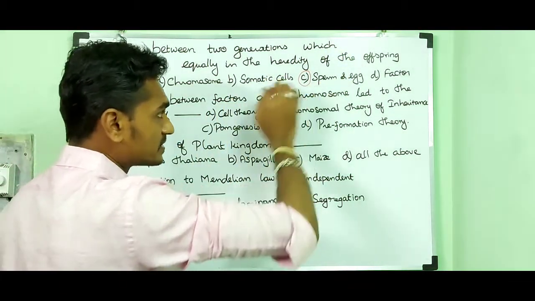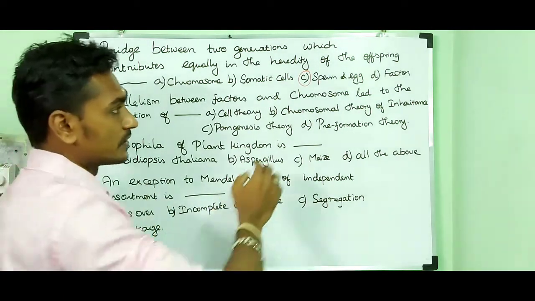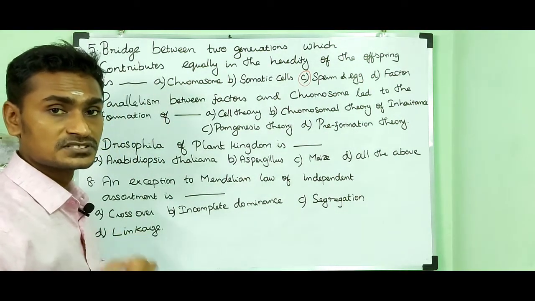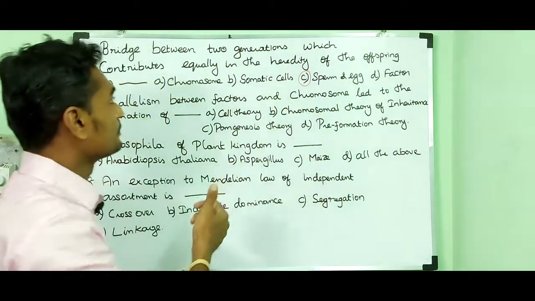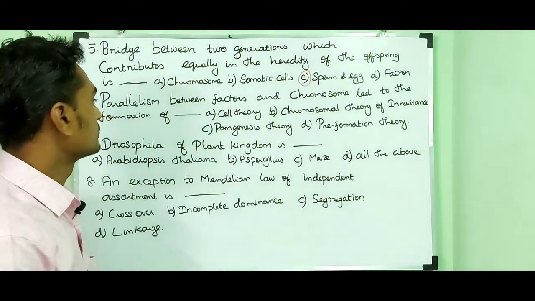The sperm carries a haploid set of chromosomes which carries the male characters. The egg carries a haploid set of chromosomes which carries the female characters. So these two can equally contribute to the heredity of the offspring.